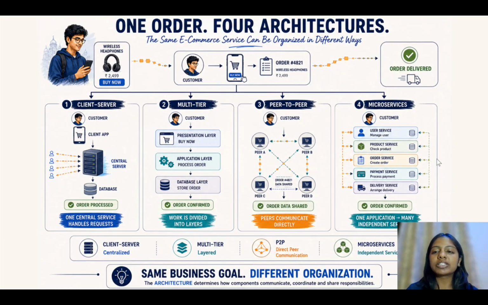In microservices, the application is divided into independent services, for example, user service, product service, order service, payment service, and delivery service. So, even though the final business goal is the same, the internal organization is different. That's why we can remember this slide with one sentence: same business goal, different organization.